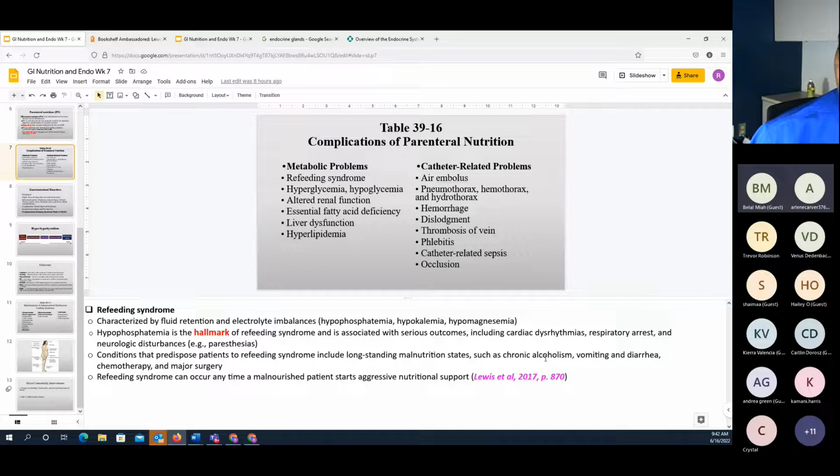For example, chronic alcoholism, vomiting, diarrhea, chemotherapy, and major surgery. When you start feeding these patients with TPN, they can develop this syndrome. It's characterized by fluid retention and electrolyte imbalances. Not only are the phosphate levels low, but the potassium and magnesium levels are low as well. So again, just take a look at that.